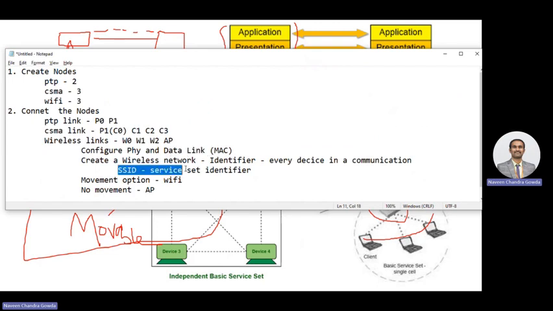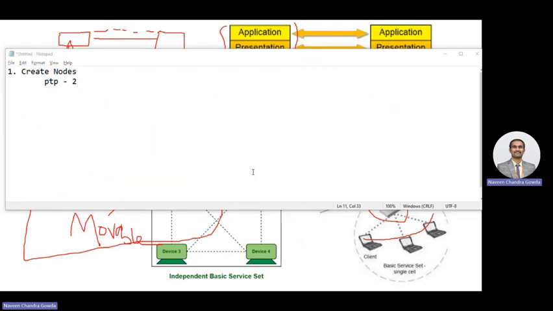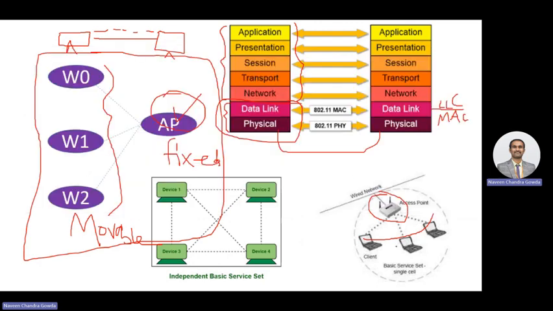While configuring, you must also very importantly specify the identifier to identify the set of devices inside that. Whenever you create any basic service set, or it can be an extended service set, any devices within that basic service set form a simple wireless network.